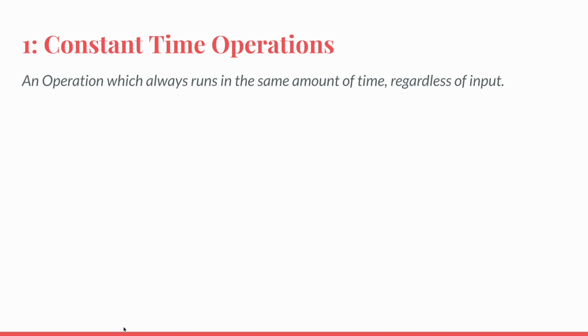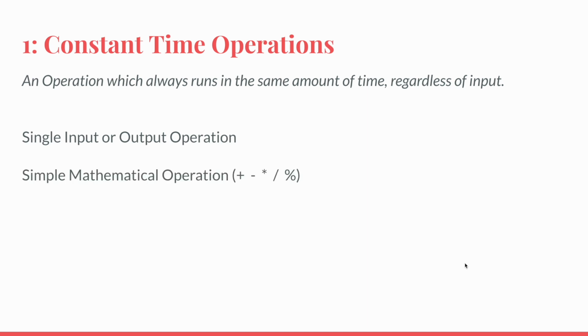First, let's go over constant time operations. A constant time operation is an operation which always runs in the same amount of time regardless of the input, making it the fastest type of operation. Some examples of constant time operations are a single input or output operation, such as reading the input or printing an output.